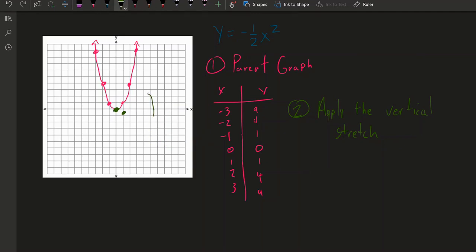For this one, this is 2, 4. I'm going to leave the 2 alone, but then I'm going to go 4 times -1/2, and that is -2. So that'll be right there at 2, -2.